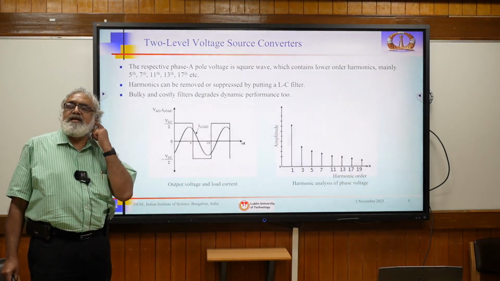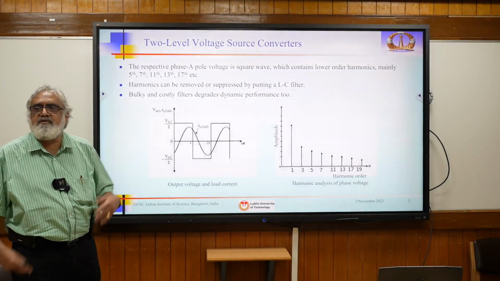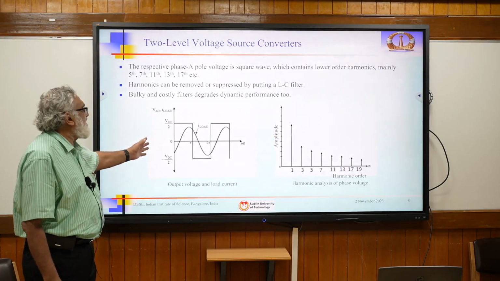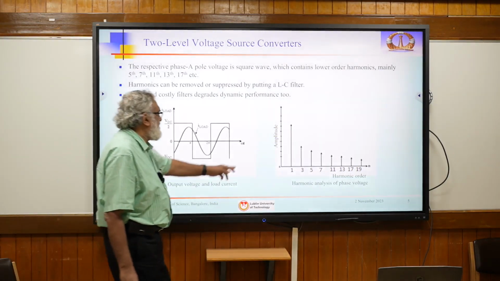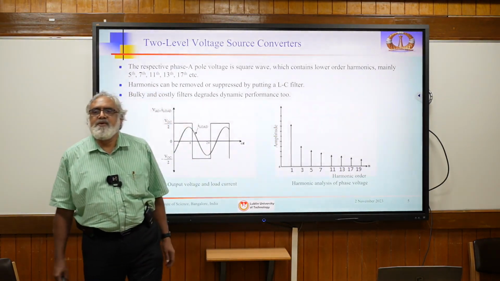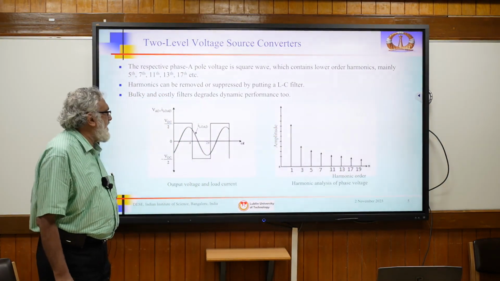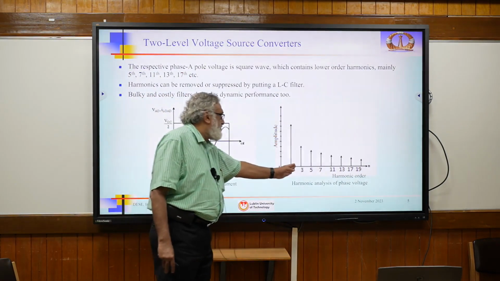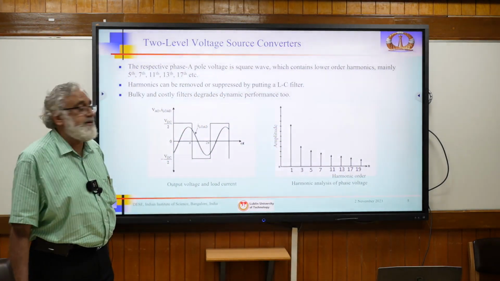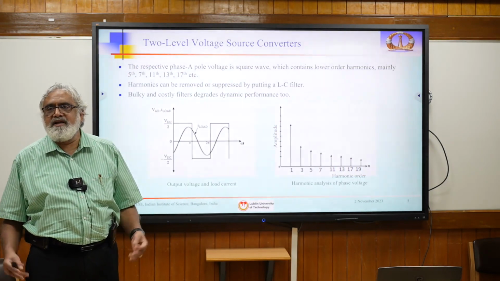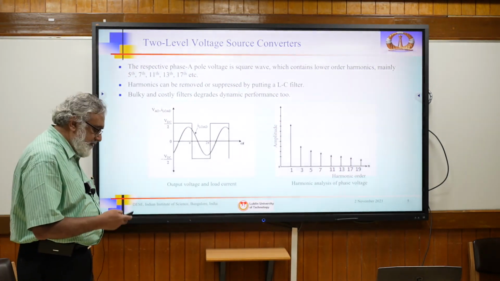So engineers will always have a solution. If you want an AC waveform, take this switching waveform, then put a filter, you can get the fundamental, mathematically correct. But if you want to put a filter which suppresses all the harmonics, then the size and cost of the filter will be much more than the inverter. So it is practically not feasible.